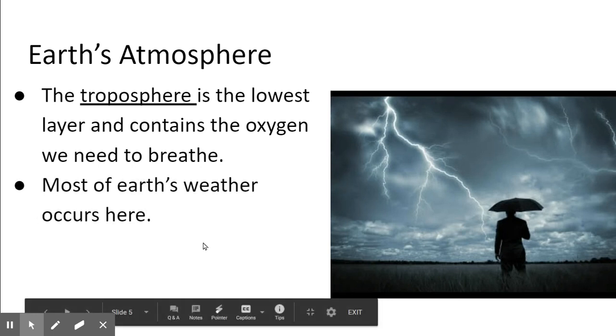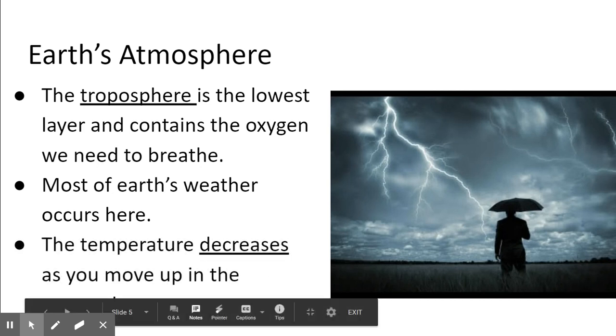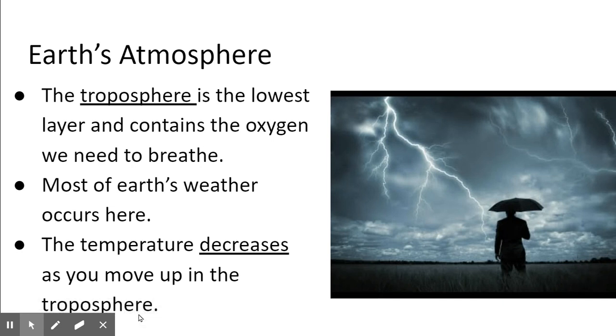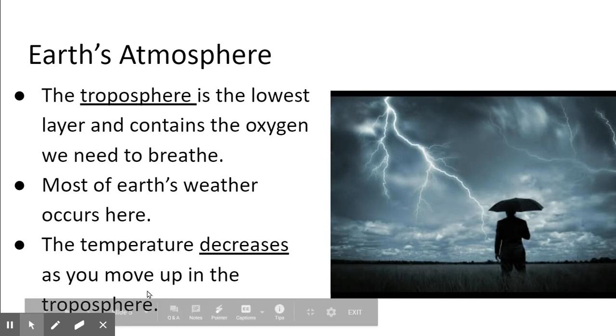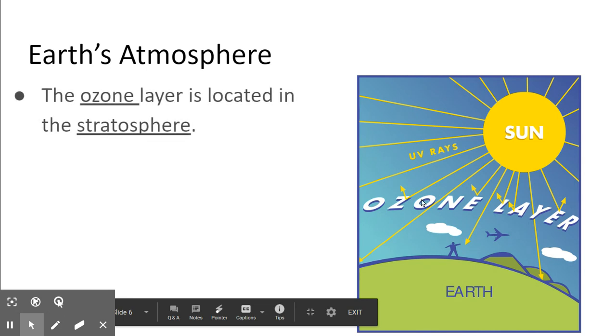As you go up, the temperature is going to decrease, just like when you go up in the mountains, so it gets colder as you go up.